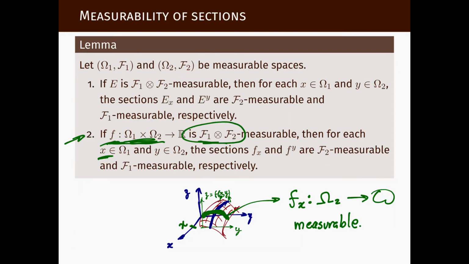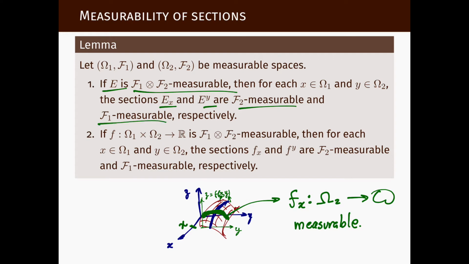And then we stated this lemma and insisted that this is an important lemma: if the subset we take in the previous definition is measurable with respect to the product sigma algebra, then the sections are measurable with respect to the space where they belong.